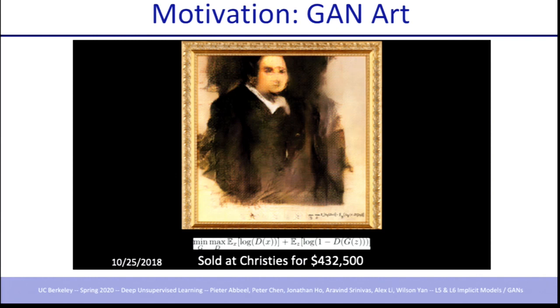It's where people buy art, and you bid, and actually somebody bid and paid over $400,000 for this AI-generated artwork with a signature, actually the equation that we'll spend a lot of our time today on, because that's the equation that effectively designed this painting.